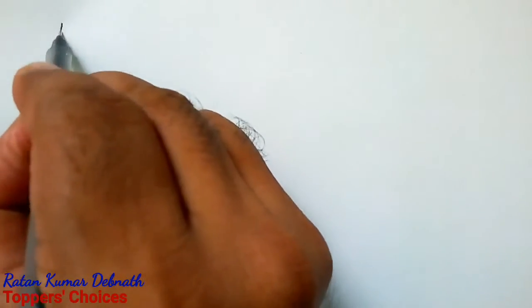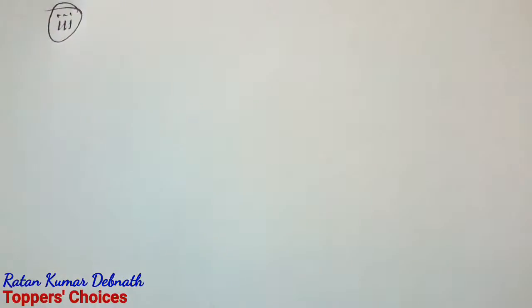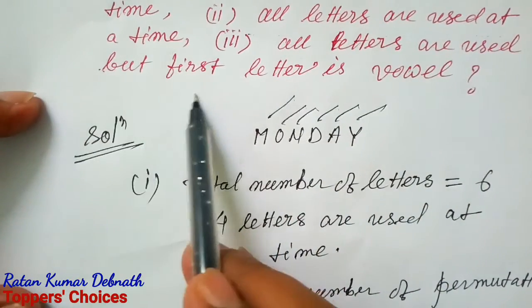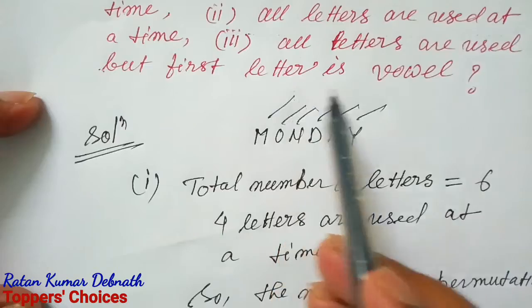Now the third part of question number 9. All letters are used, but the first letter is a vowel. So how many letters are there?